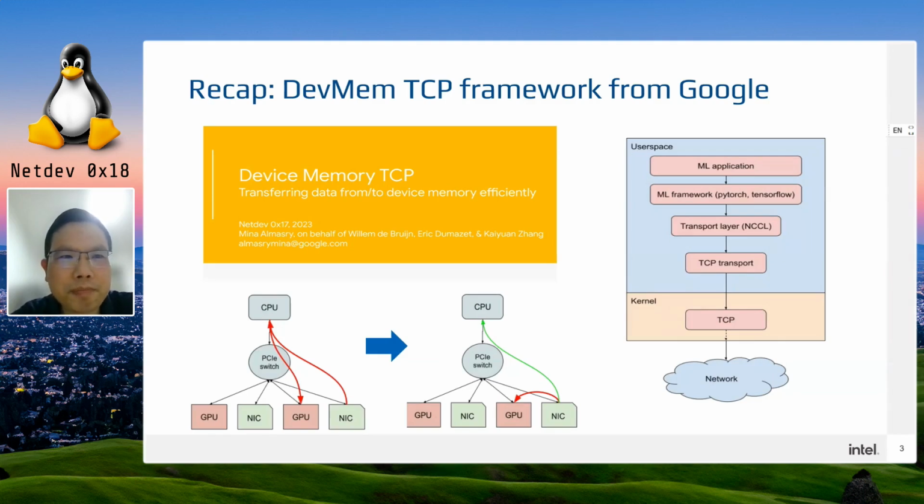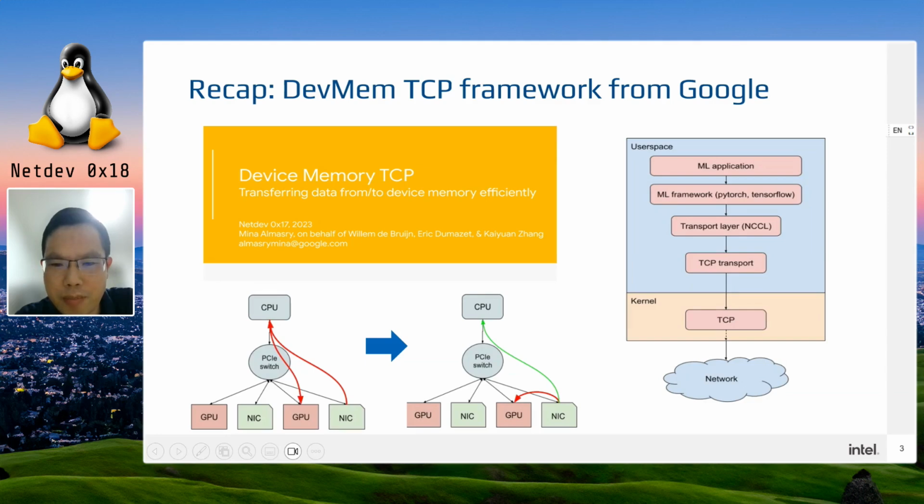Device memory TCP was introduced by Google last year at the Netdev conference. The biggest innovation of this technology is that it uses header split, so it can direct the network payload to the GPU directly.